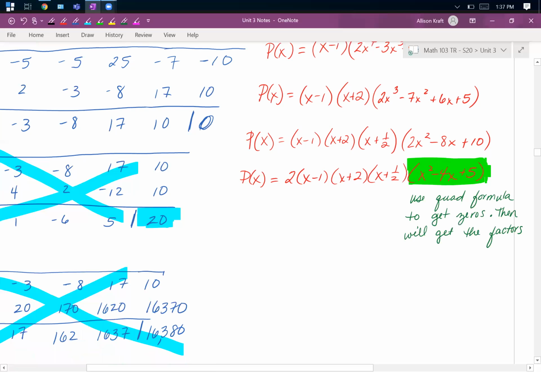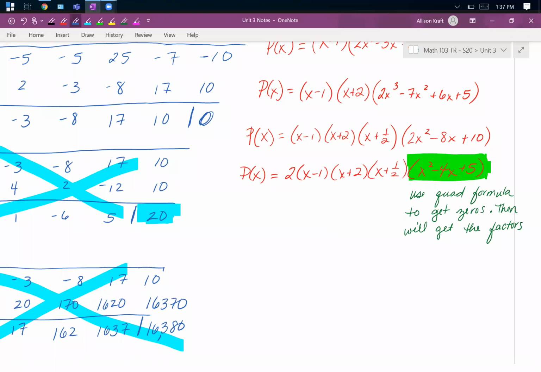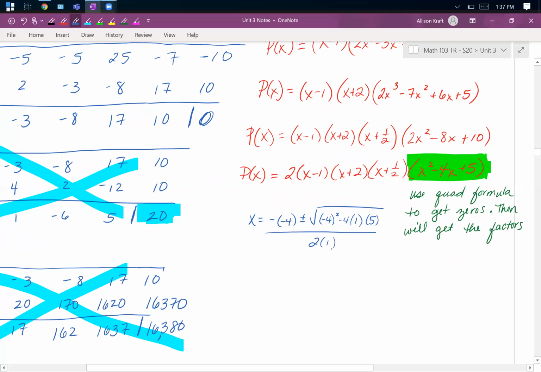All right, so quadratic formula. x equals negative 4 plus or minus the square root of negative 4 squared minus 4 times 1 times 5, all over 2 times 1. So that's going to be 4 plus or minus the square root of 16 minus 20 over 2.